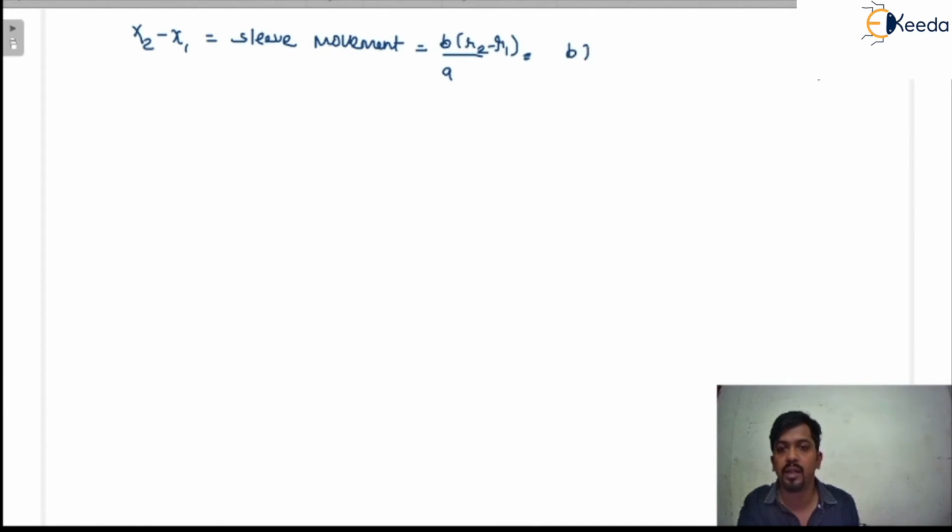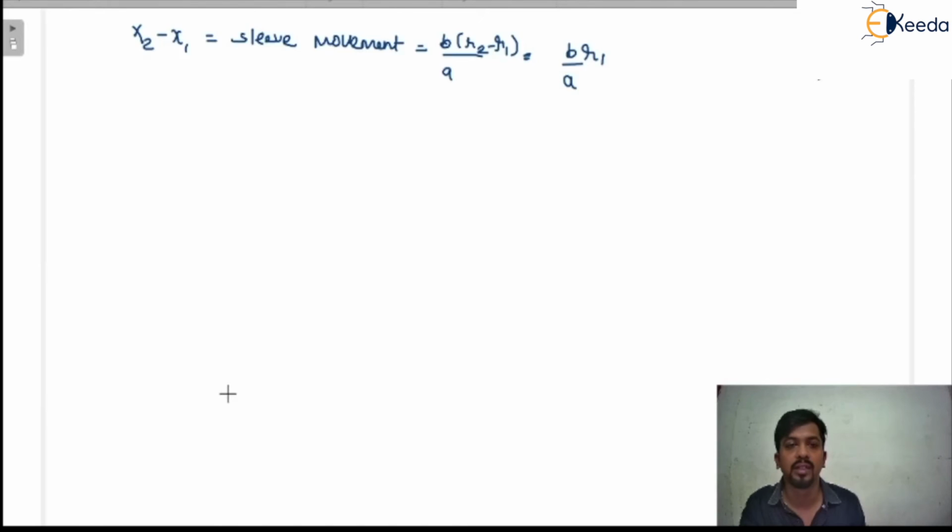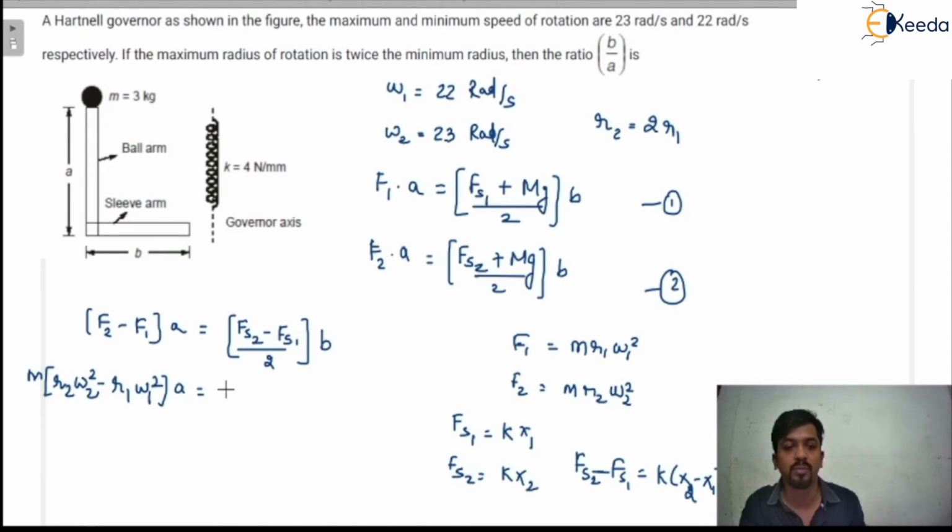So we get B R1 upon A. Now we just have to put the value of x2 minus x1 in this equation. So Fs2 minus Fs1, that means K(x2 minus x1), and x2 minus x1 is B R1 upon A.